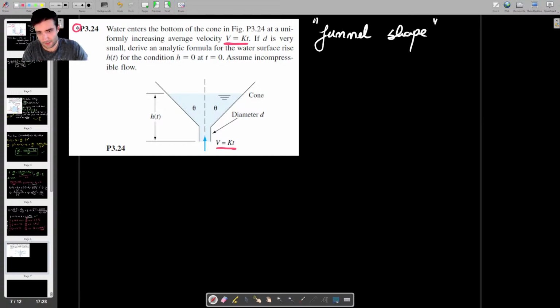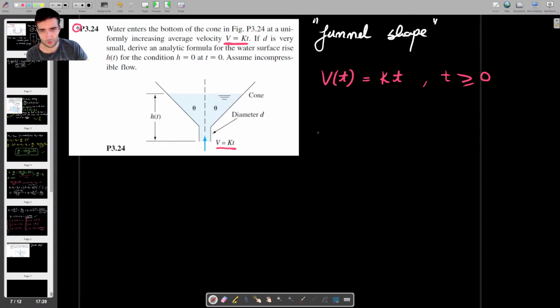So we're pumping in water at a rate. I can definitely say this is a function. So I know that the velocity with respect to time is equal to kt. We obviously start measuring time from 0. What this says is that the velocity essentially increases with time.